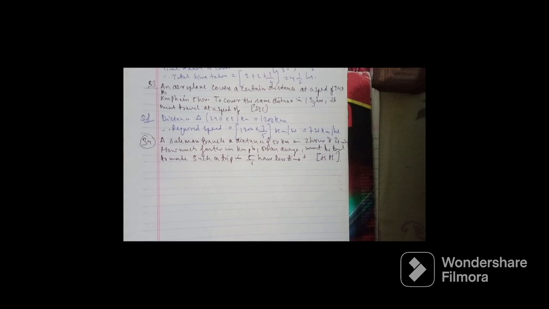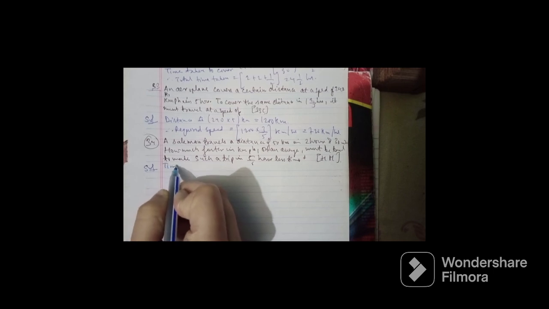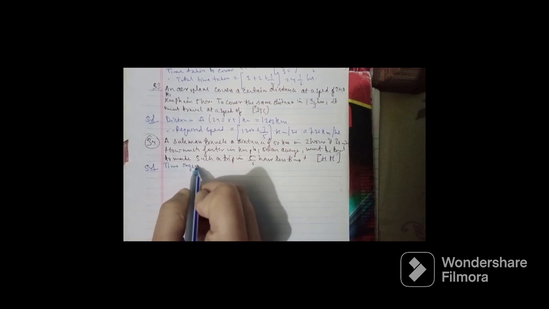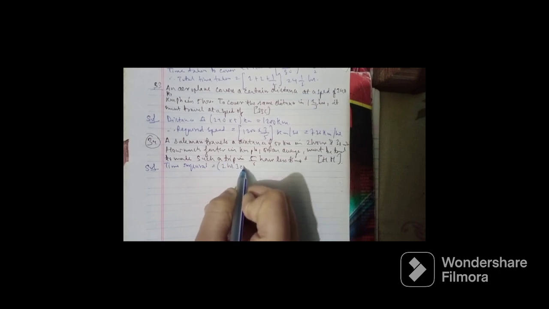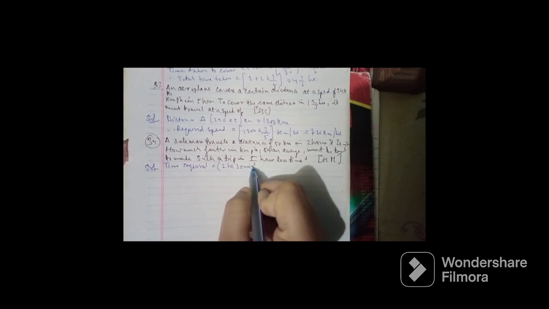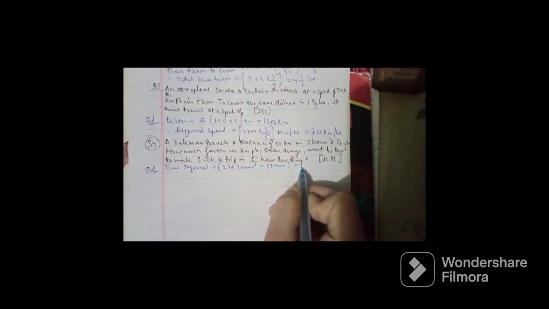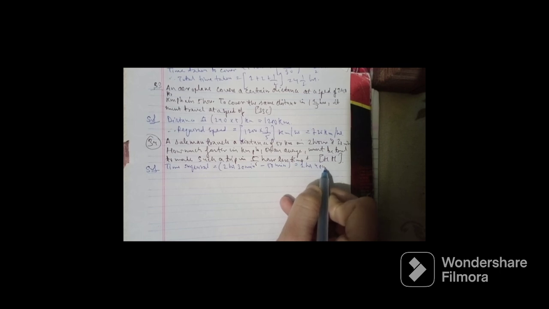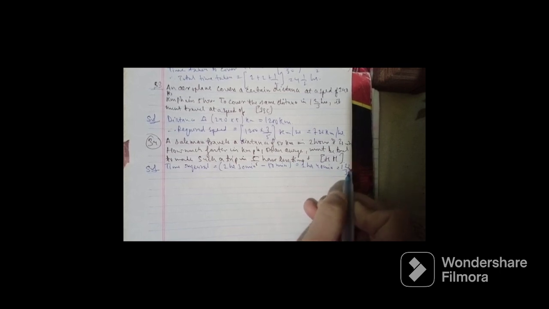And that we have as follows. Time required is 2 hours 30 minutes minus 25 minutes, which equals 1 hour 40 minutes, that is 1 2 by 3 hours.